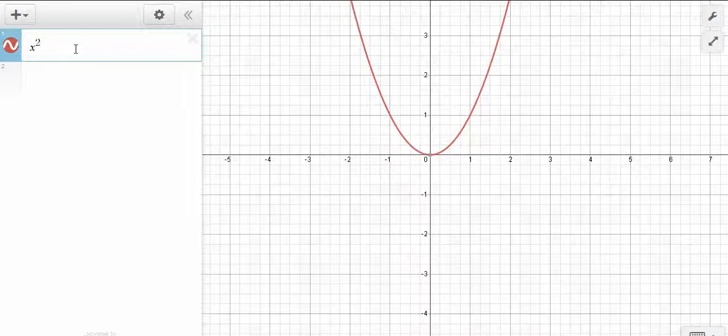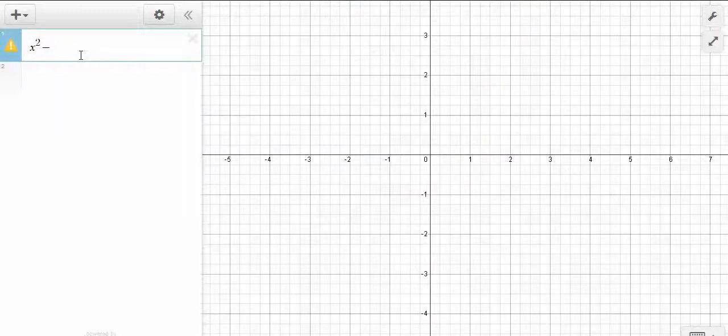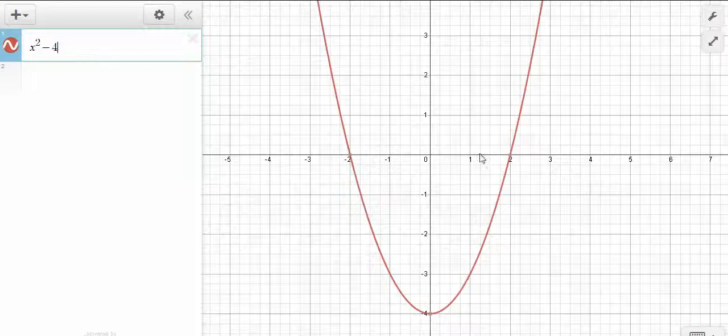If I have y equals x squared minus 1, what are my x-intercepts? In this case, we're moving beyond just having one x-intercept, and we're moving into the realm of having 2 intercepts. So I have positive 1 and negative 1. Or if I have maybe a 4 over here, this would be positive 2 and negative 2.